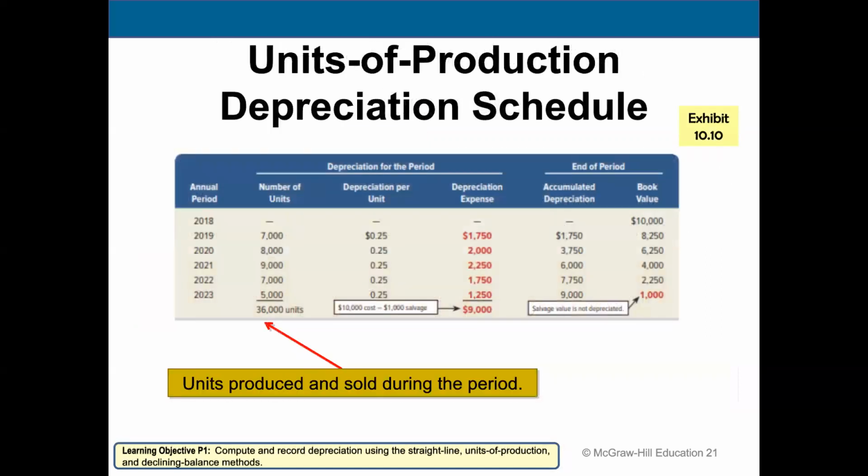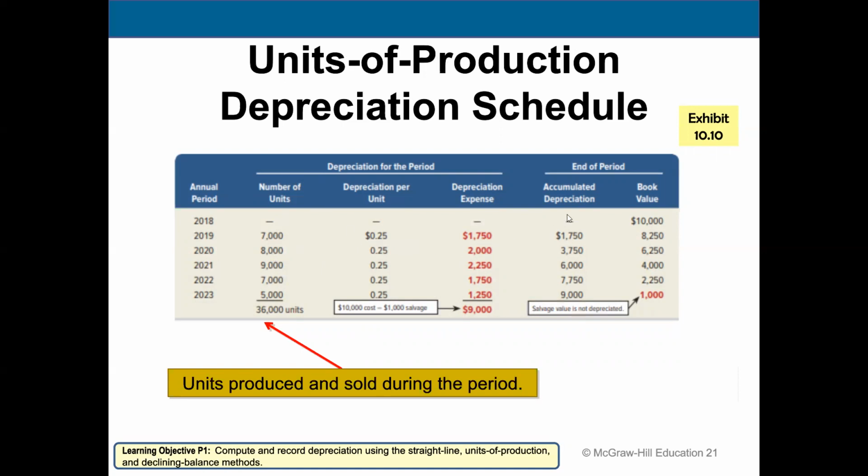So our depreciation schedule will look similar, except we'll still have our annual periods, but our second column will be the number of units that we actually use the asset to inspect. So each time we use it, that's a unit, okay? The depreciation per unit, and then the depreciation expense is just the number of units times the depreciation per unit.